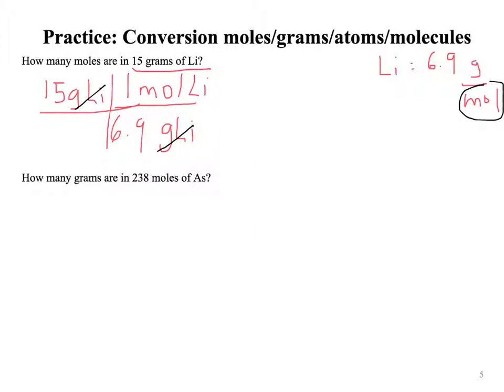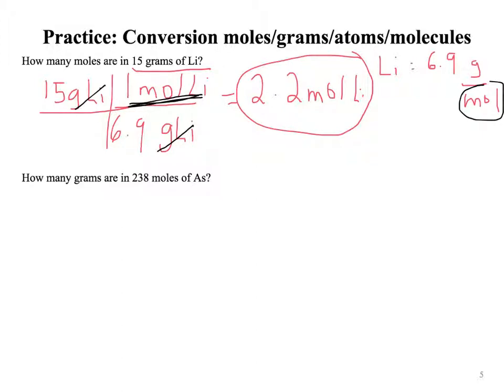So now I'm left with moles, and that's what I wanted. So if I do 15 times 1 divided by 6.9, I end up getting, with the appropriate number of sig figs, 2.2 moles of Li. And that would be your answer.